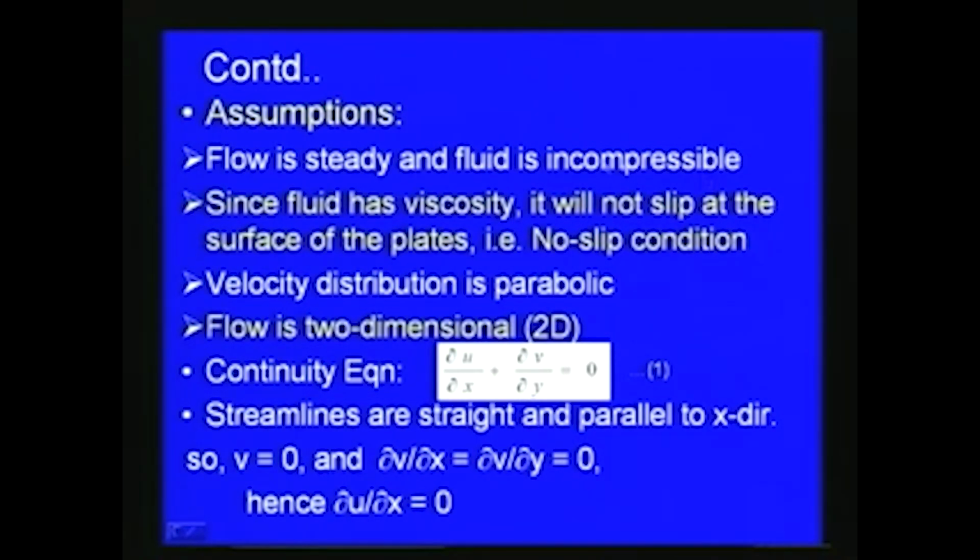So, the time dependent variables we can neglect since the flow is steady, and density variation is not there since the fluid is incompressible. The second assumption is that the fluid has viscosity, and it will not slip at the surface of the plate, that means we consider the no slip condition. As we have seen for this particular case, the velocity distribution is parabolic.